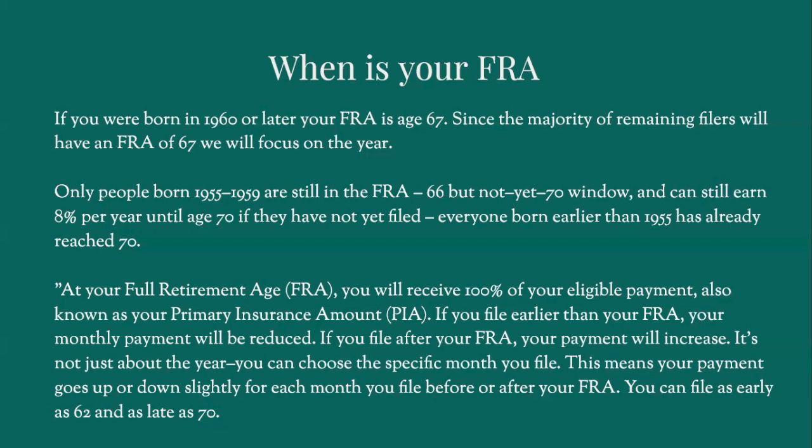If you file after your FRA, your payment will increase. It's not just about the year. You can choose the specific month as well. This means your payment goes up or down slightly for each month you file before or after your FRA. You can file as early as 62 or as late as age 70.